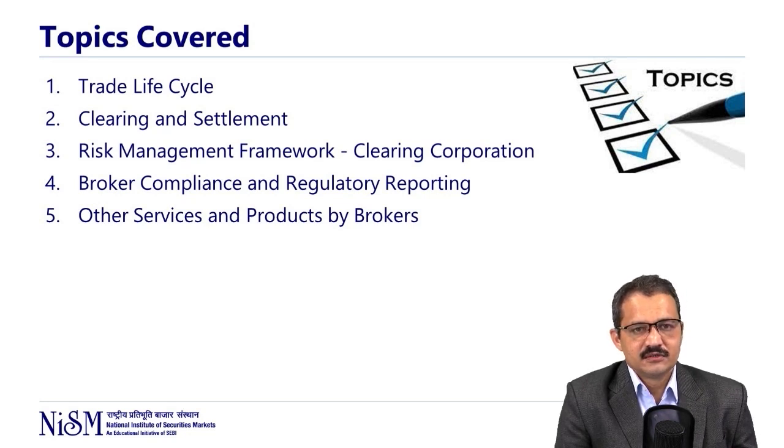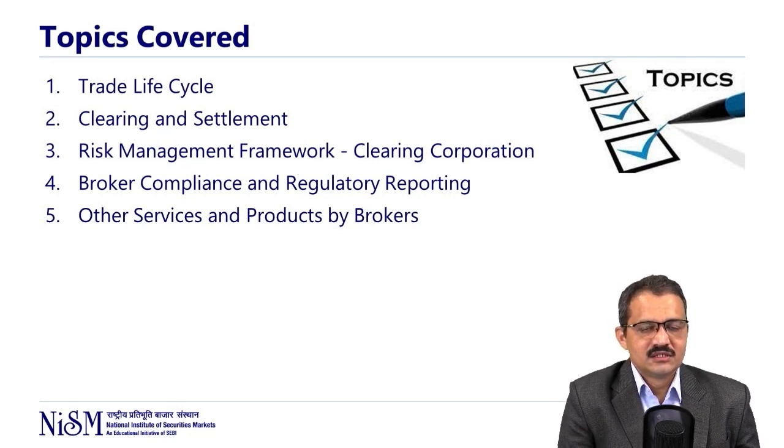Then the risk management framework at the clearing corporation end. Then what are the various compliances which a broker needs to do, and what other services and products a stockbroker will provide along with trading, clearing and settlement. So these are the topics which we are going to cover in today's session.